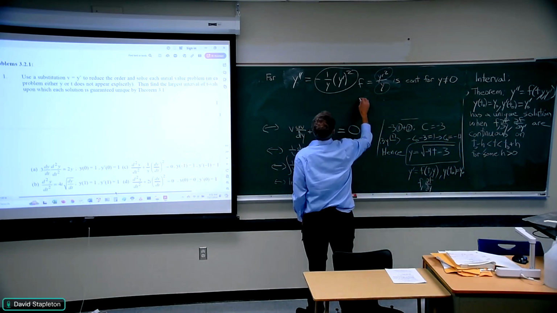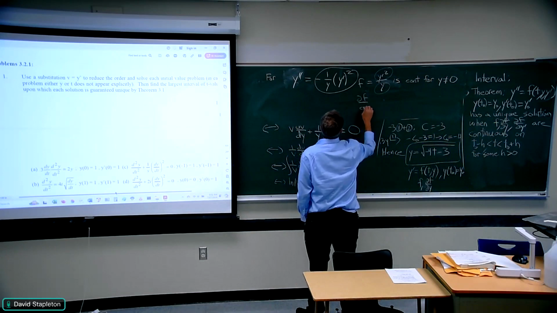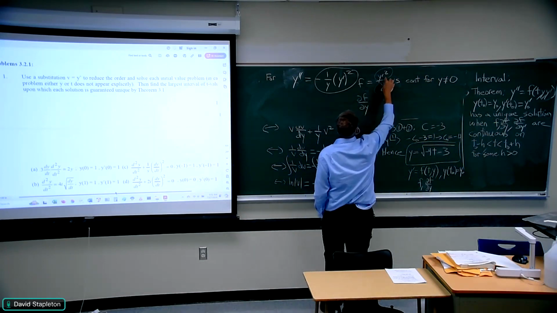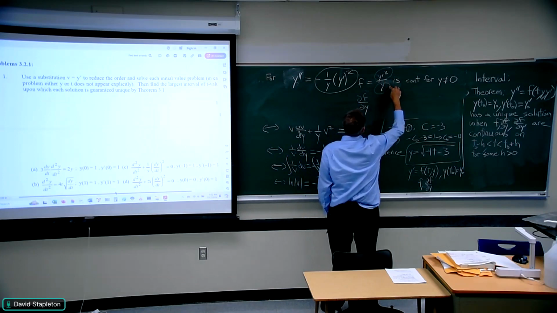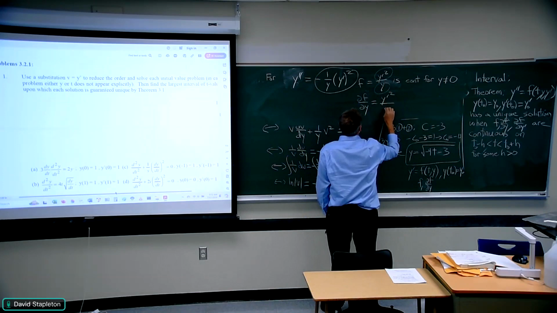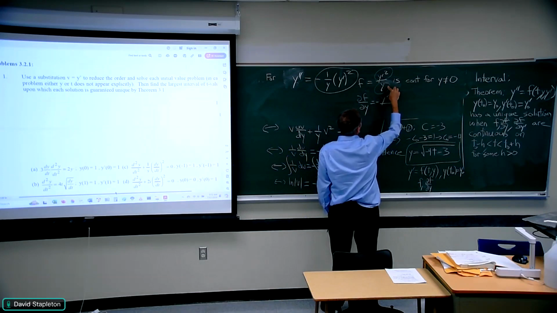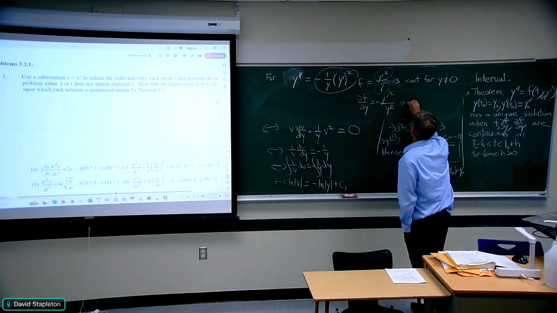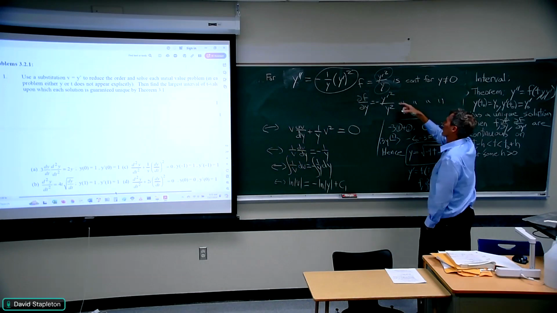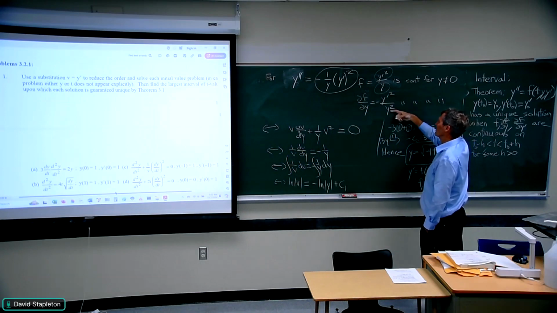And then also we say, well, df/dy, partial of f with respect to y. So we're treating y prime as a constant and taking the derivative with respect to y. Then we take y prime squared times minus 1 over y, the derivative of y to the minus 1 is minus 1 y to the minus 2. This is also continuous for y not equal to 0 because it's polynomial over polynomial, two continuous functions. They're continuous where the denominator is not 0.